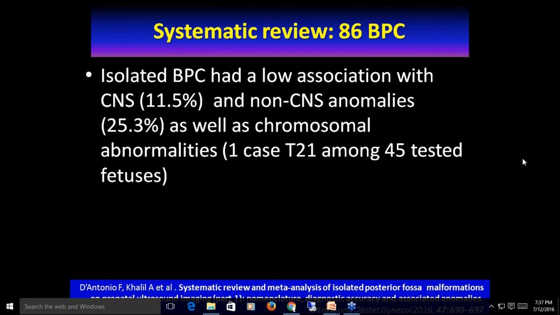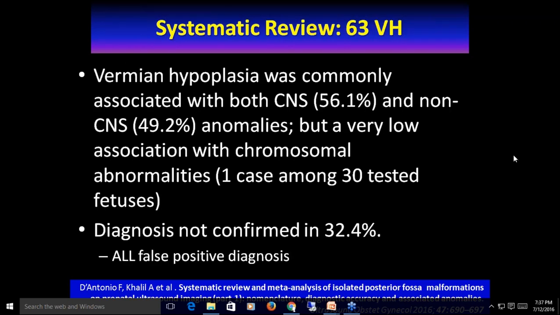Isolated Blake's pouch cysts had a low association with CNS and non-CNS anomalies, as well as chromosomal abnormalities. Vermis hypoplasia was commonly associated with both CNS and non-CNS anomalies, but a very low association with chromosomal abnormalities.